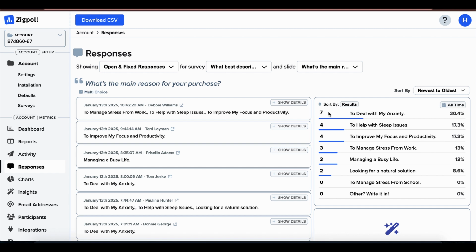So right here, you guys can see how the top one that people are choosing is to deal with my anxiety. So I'm gonna focus my copy more on dealing with anxiety.